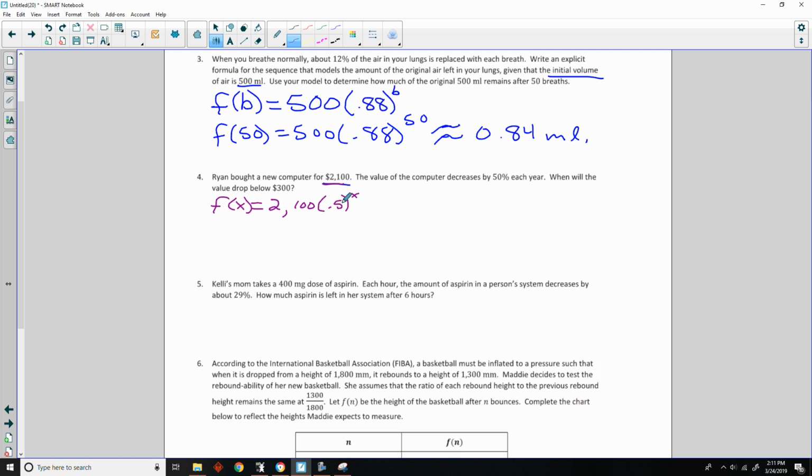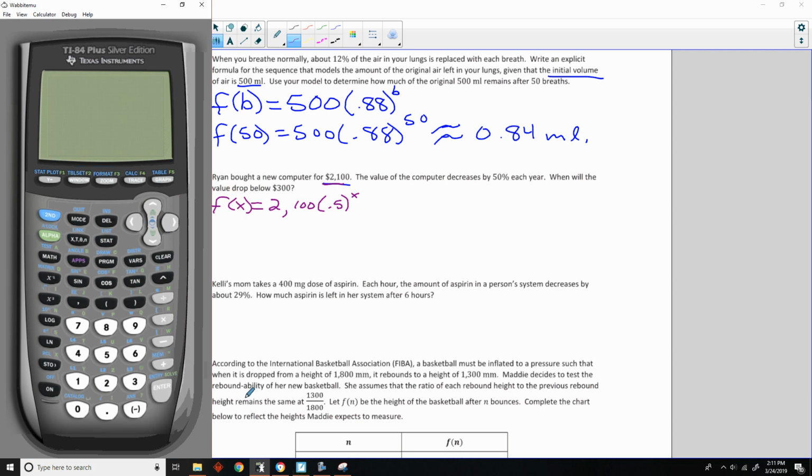Since b is less than 1, this is a decay. A is 2,100, which is our initial value. We want to know when this value will drop below $300. So we're going to guess and check, and we'll use our calculator.